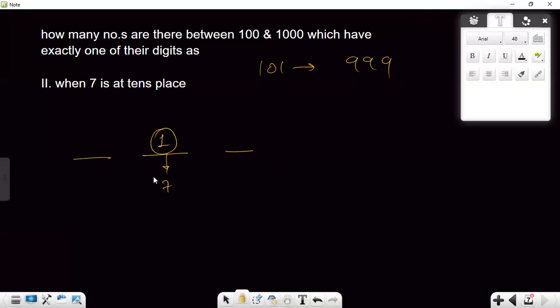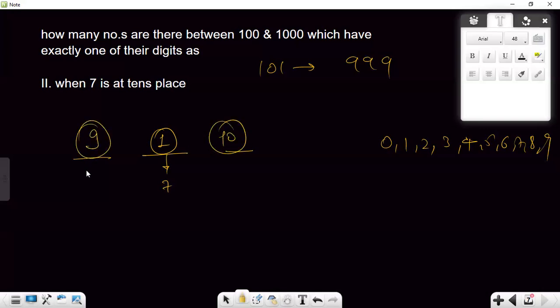So one choice for filling this. We have 10 choices to fill the unit place, and only 9 choices to fill the 100th place, because 0 is excluded.